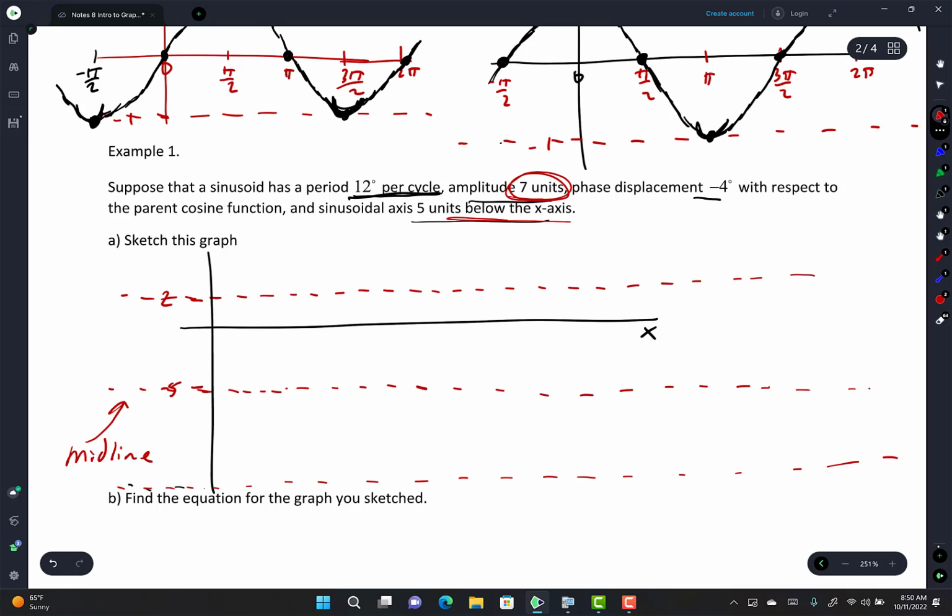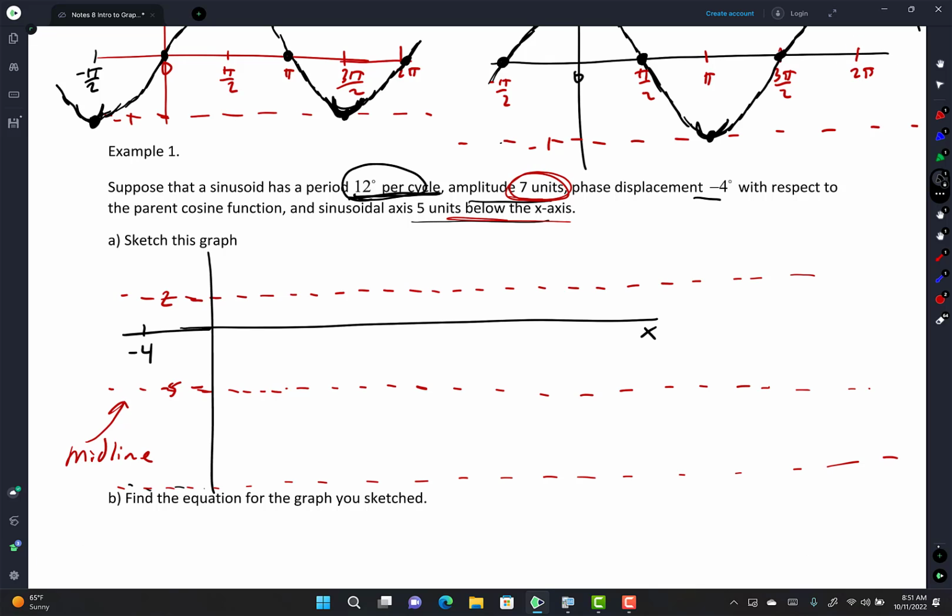Okay, here we go. What was my phase displacement? 4 to the left. So go 4 to the left. Let me stretch this a little more. It's not drawn to scale, it's not perfect, but 4 to the left is like right here. Now, it says that I want a period of 12.